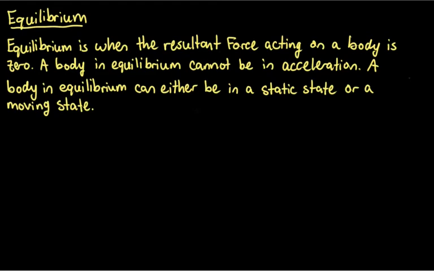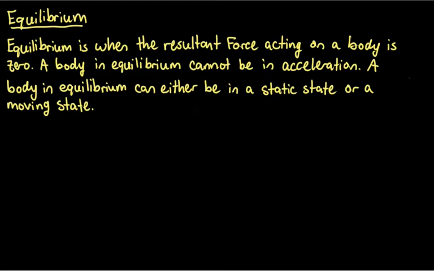Today we are going to continue the topic of resultant forces, but we're going to talk about a very special case. This is the case where the resultant force, which is the sum of all forces acting on a body, is equal to zero. This is called equilibrium.